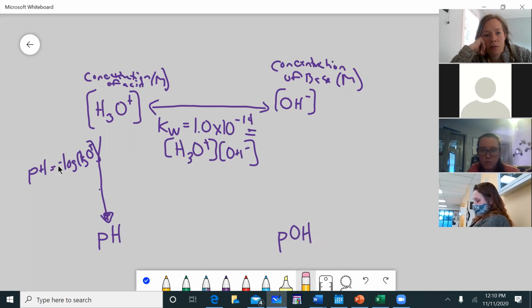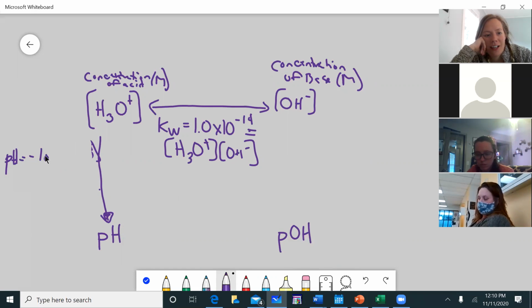Let me rewrite that, give a little more space. So if I take the concentration of the acid and I take the negative log of it, it's going to pop out my pH.